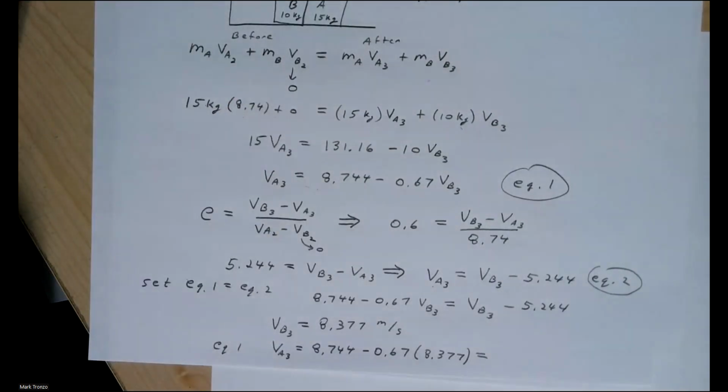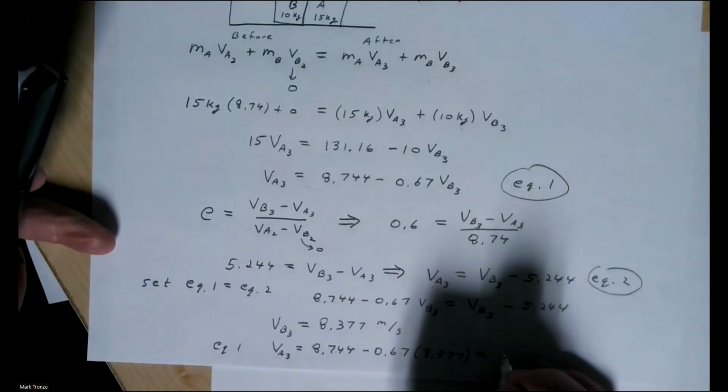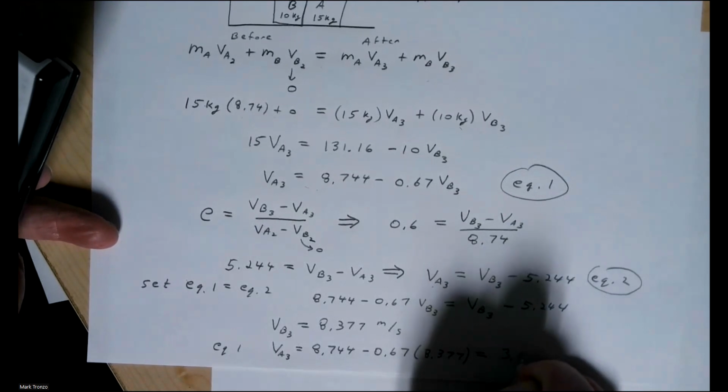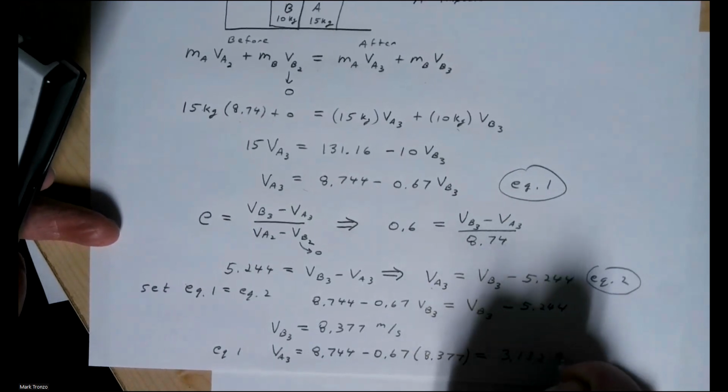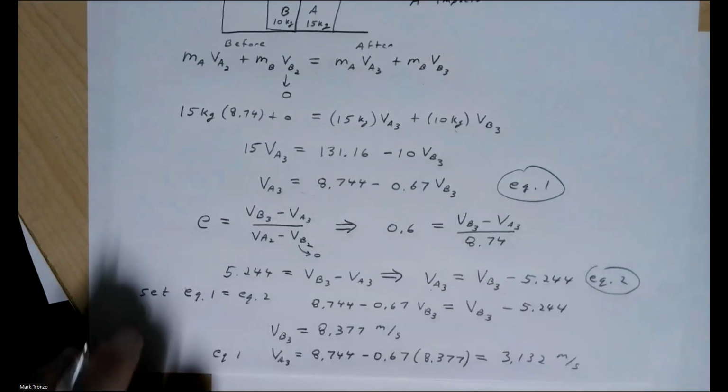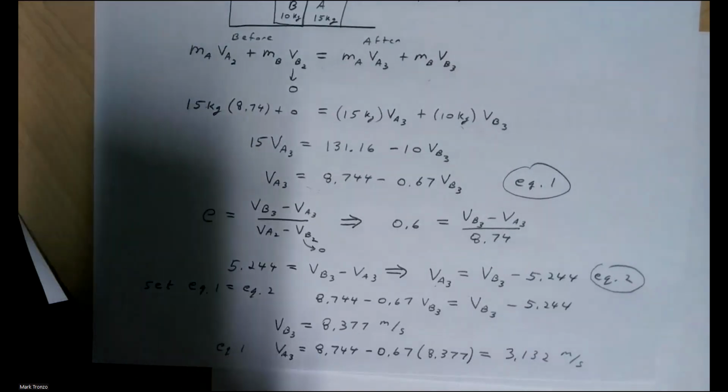And this comes out to be, I'm getting 3.132 meters per second. That's the velocity of A.